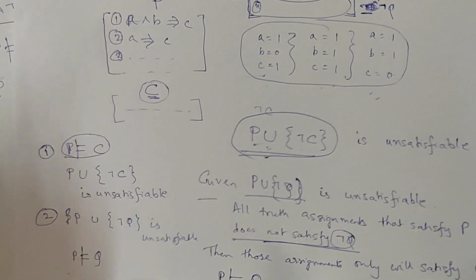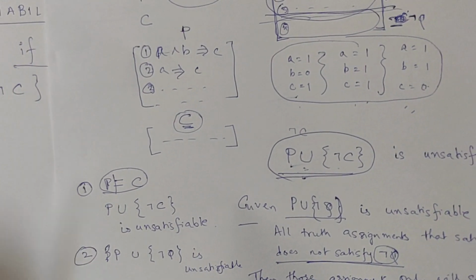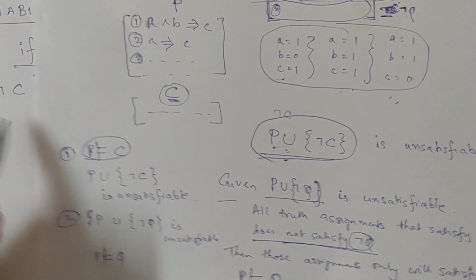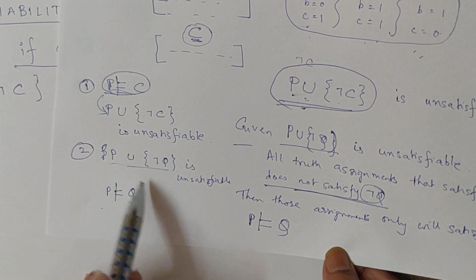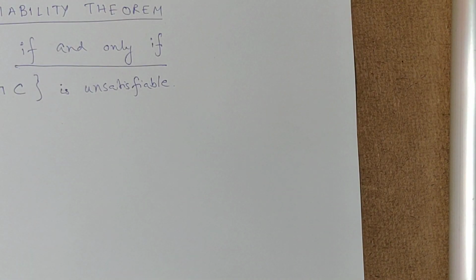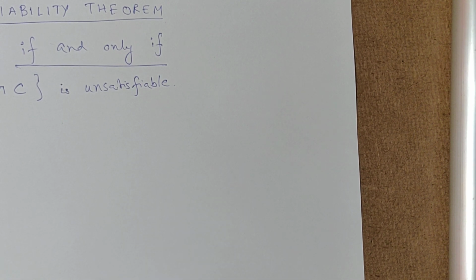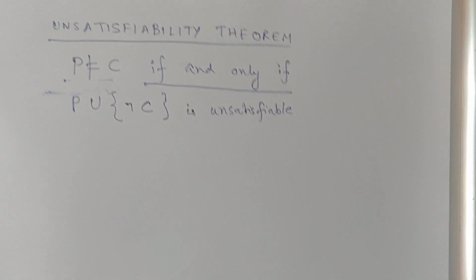As you can see here, we have started from this and went up to this. This is the forward side, and we have started from this and reached this. This is the backward side. So the unsatisfiability theorem we have discussed and we have proved also.